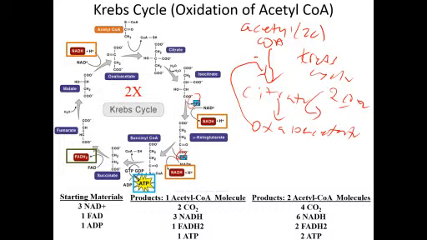So 2 carbon atoms in acetyl-CoA, boom, gone. They're plucked off as CO2 gas. Since this process happens 2 times, you remove a total of 4 carbon atoms, basically 4 CO2 molecules.